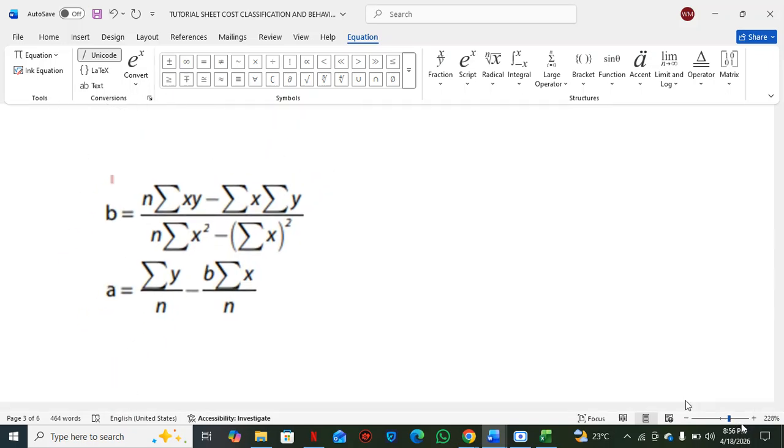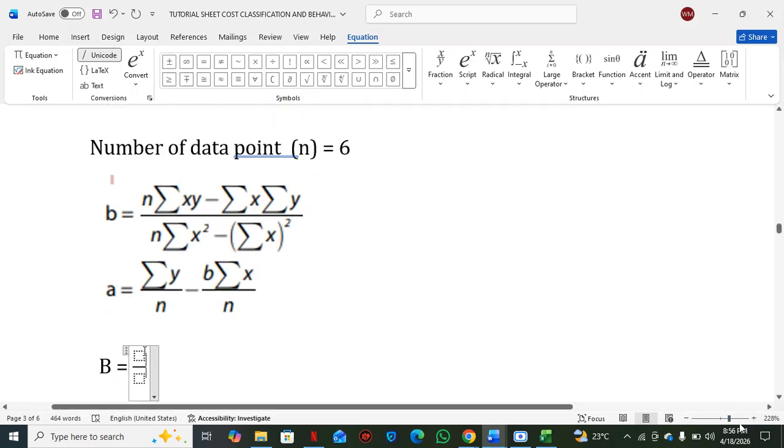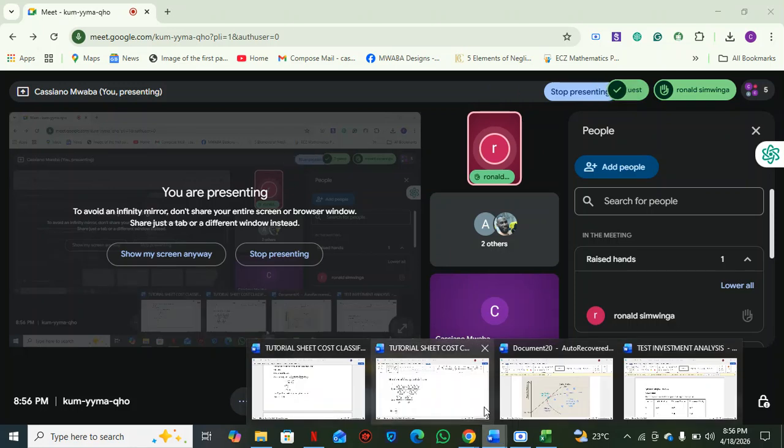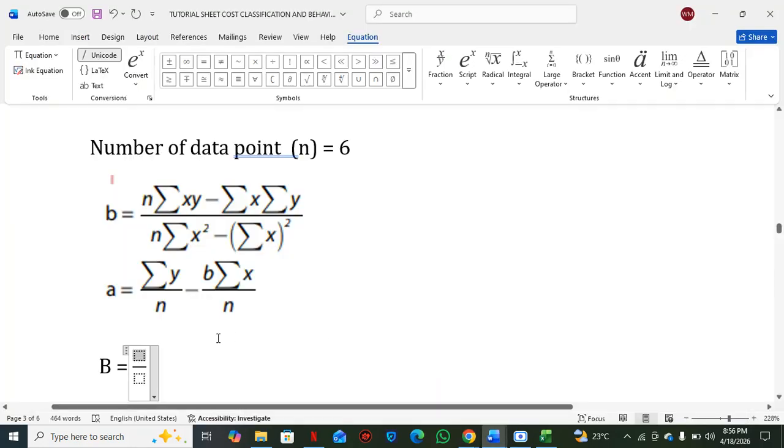The formula will be given to you. It will always be provided.